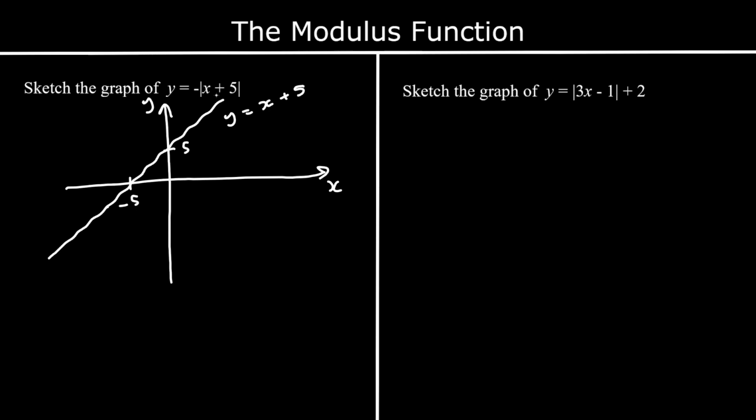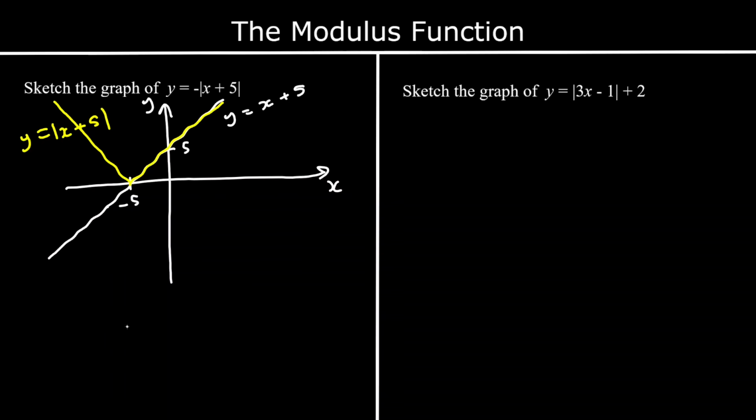If I do the modulus of x plus 5, so this isn't what we actually want. That's going to look like this. Y equals the modulus of x plus 5. But we want to multiply that by negative 1. So negative 1 times this, if we times it by a negative, instead of all the results being positive, all the results will be negative.